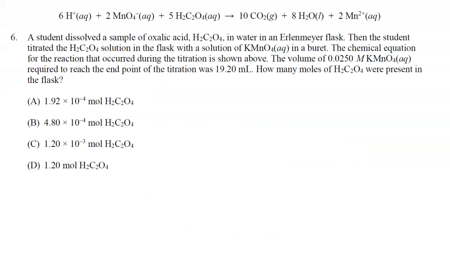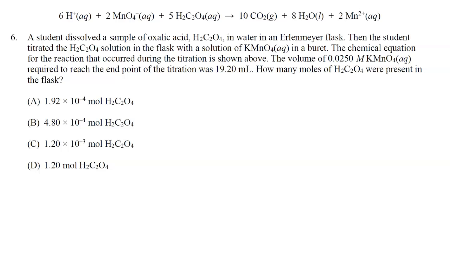Now let's take a look at question 6. Question 6 says a student dissolved a sample of oxalic acid, H2C2O4, in water in an Erlenmeyer flask. Then the student titrated the oxalic acid solution in the flask with a solution of aqueous KMnO4, which is called potassium permanganate, in a burette.